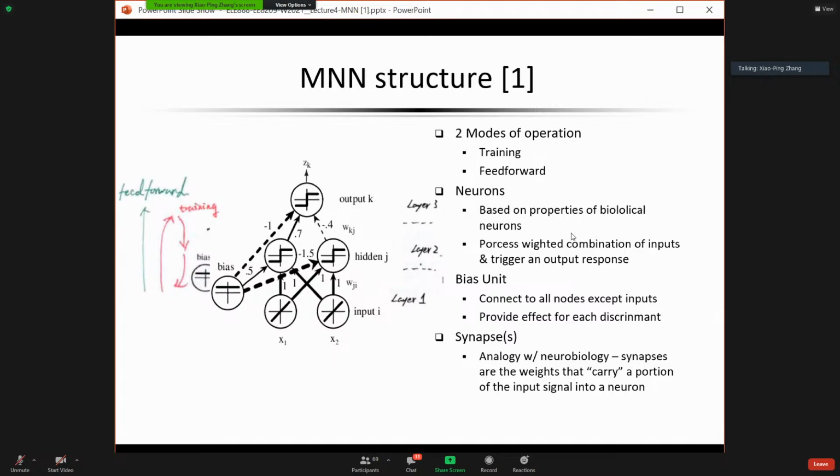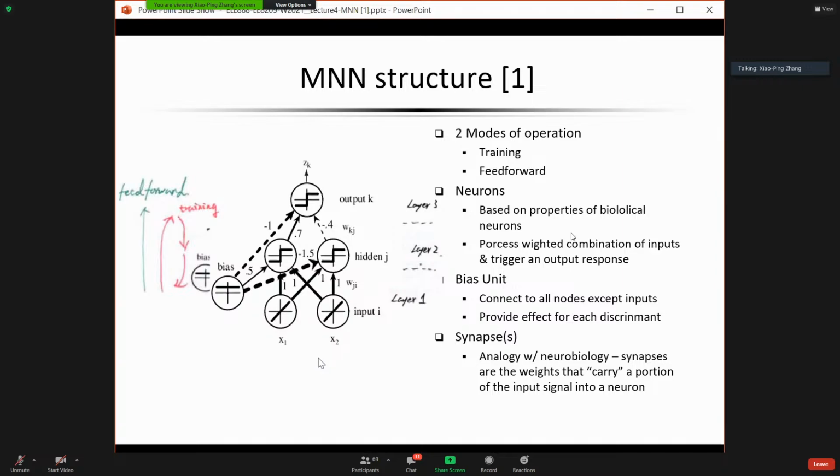The second mode of operation is also the same for all machine learning methods. We have a trained network, then we do classification. Classification, in this particular case, is feed-forward. We have an input, give me a sample, and I'll give you the result. That's feed-forward.